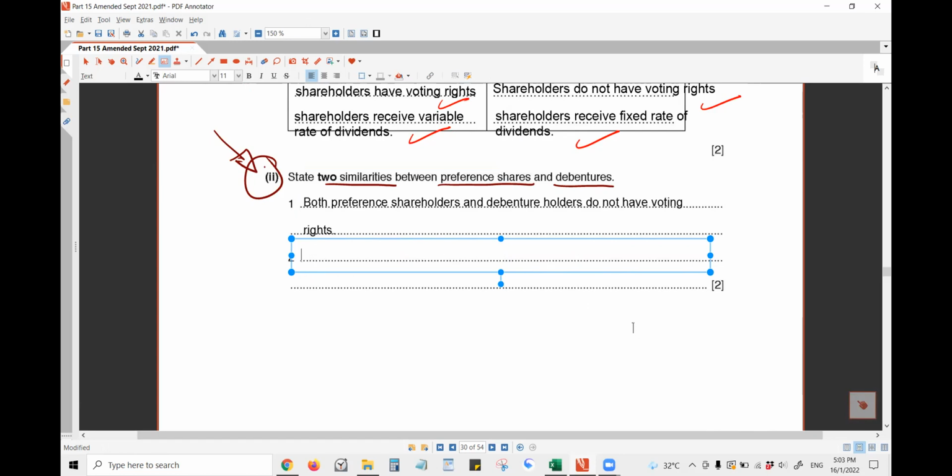Next, we talk about their interest and dividend. Don't get confused between interest and dividend. Dividends are received by shareholders. Interest is received by creditors, like debenture holders. So you write, we talk about the fixed element being the same.